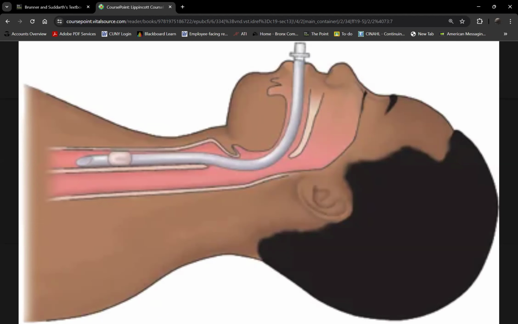So now we have rapid sequence intubation. With the exception of patients who are in cardiac arrest, we don't need to sedate those patients because they're unconscious, okay? But if they're not in cardiac arrest, we have to follow rapid sequence intubation. What that means is within 20 to 30 seconds, the intubation is over.